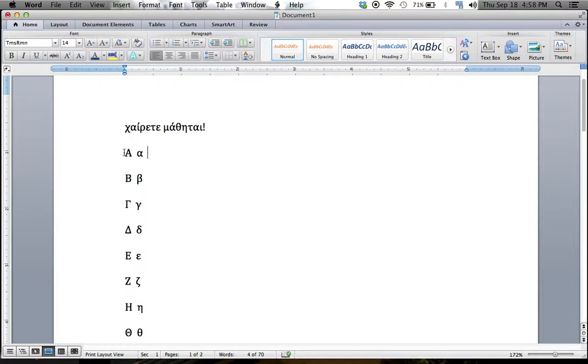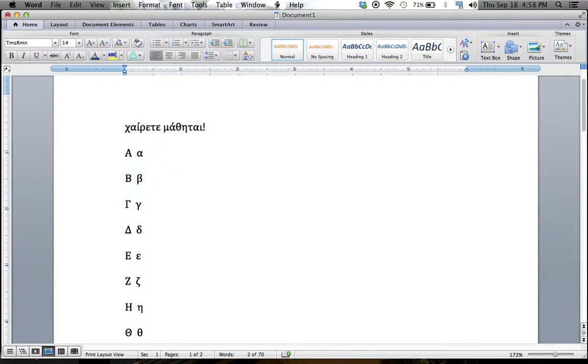So let's go through. On this column, we're going to have the uppercase, and then we'll have the lowercase on the other. I'm just going to go through them really quick, and then we'll go back and look at them each individually.